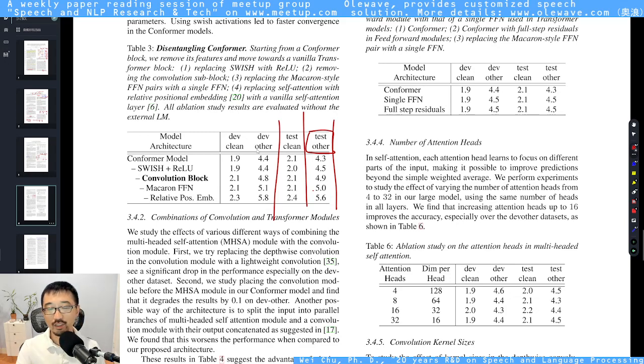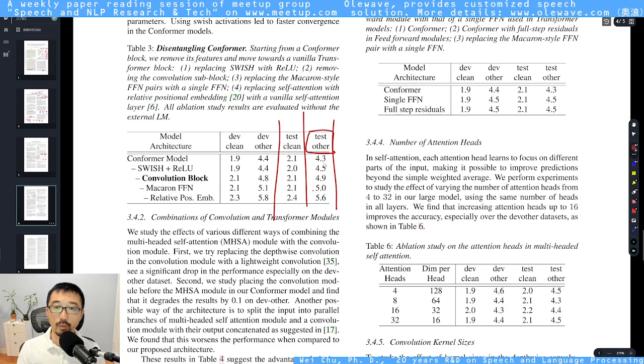So the dev set is always kind of an overfitted scenario, where the model is optimized on the dev set. The dev set shows the best thing you can achieve, supposing you know everything. Overfitted case. But for a test case, it's better to check the test-other scenario.